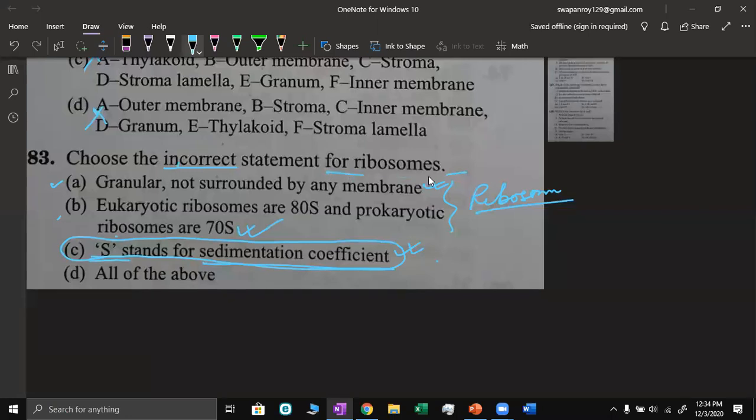This is describing what S is. And if all of the above are incorrect, no, all of the above are not incorrect.